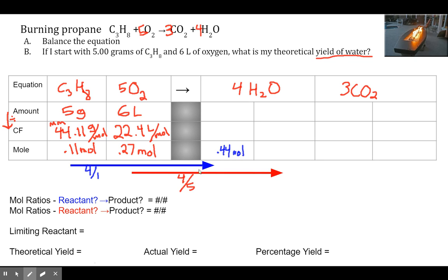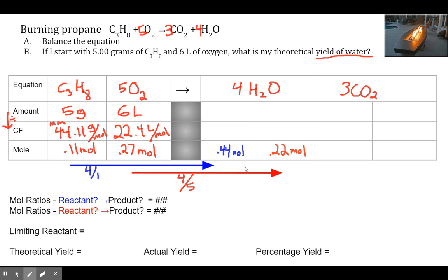And then if I switch to my other one, okay, so that's 4 over 5. If I take the 0.27 and multiply by 4 and divide by 5, I get 0.22. I get 0.22 mole of water with the oxygen.